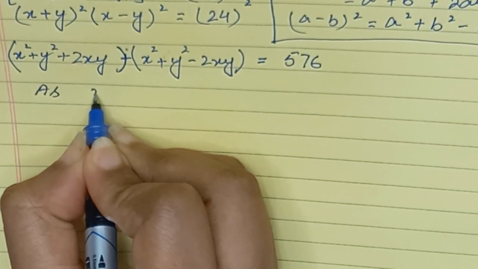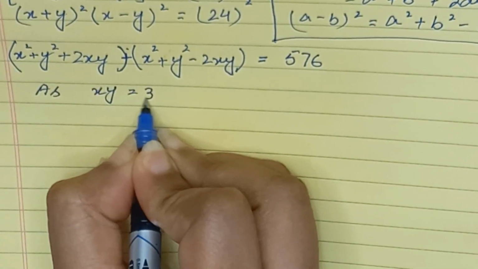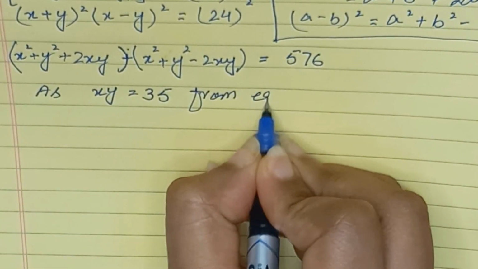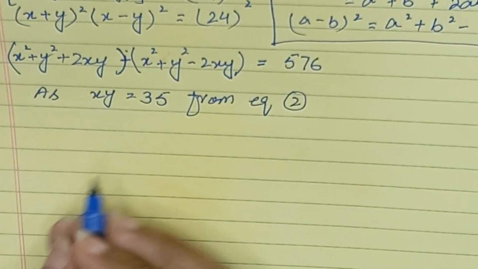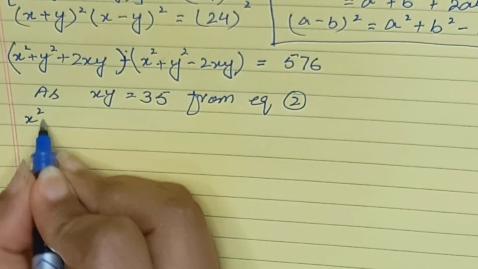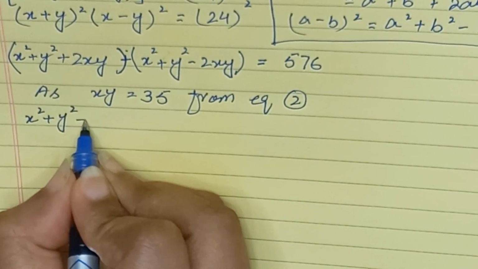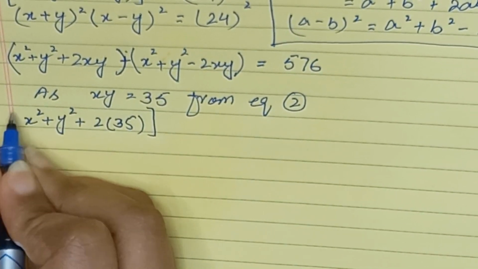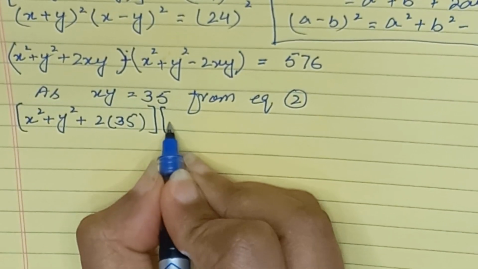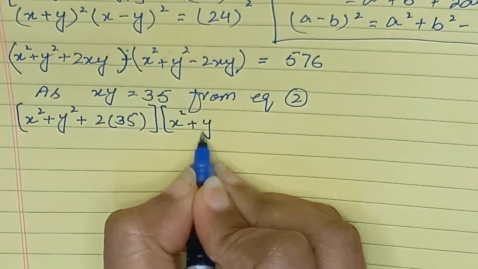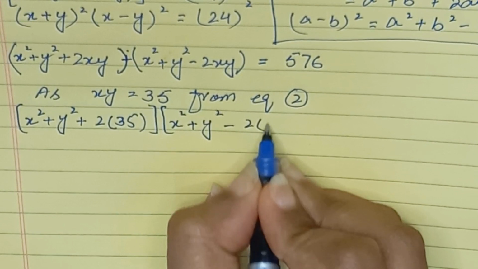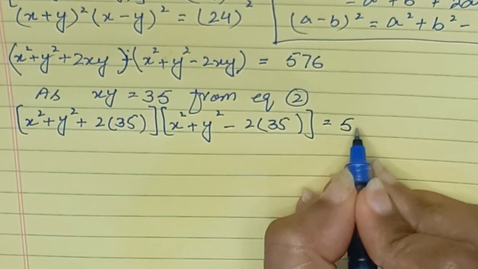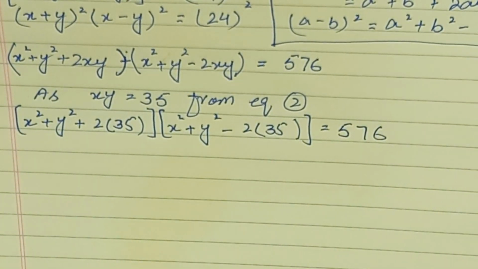As xy is equal to 35 from equation 2, it will become (x square plus y square plus 2 into 35) and (x square plus y square minus 2 into 35), which is equal to 576.